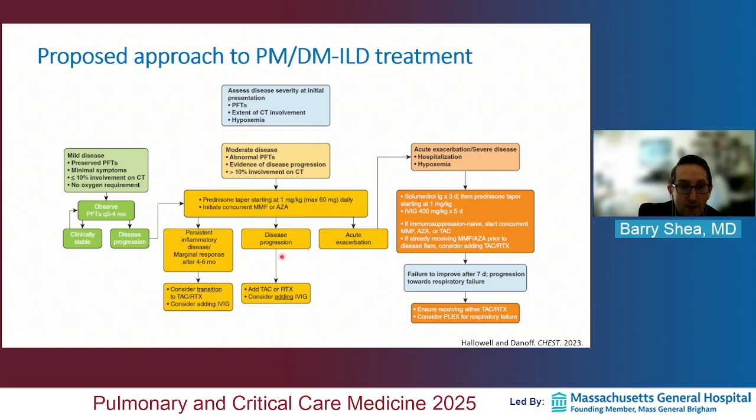However, if there is progression or if patients have more moderate or severe disease, those patients should typically be started on high-dose steroids followed by a taper, along with a steroid-sparing agent up front, typically mycophenolate or azathioprine, with consideration of either transitioning or adding a third agent for disease progression, such as tacrolimus or rituximab. And then a proposed approach to patients with acute fulminant disease, including pulse-dose Solu-Medrol, IVIG, and one of the other immunomodulatory therapies.